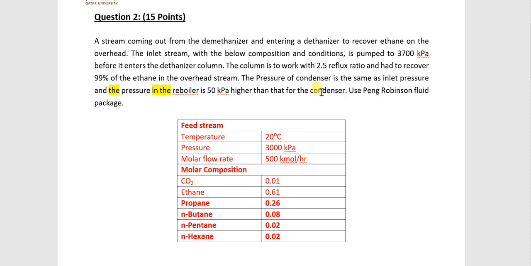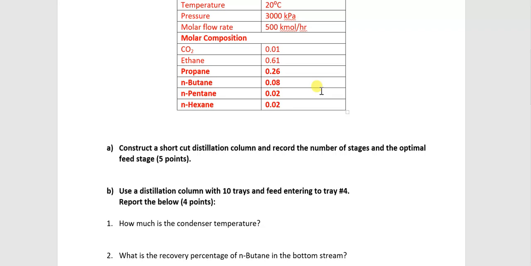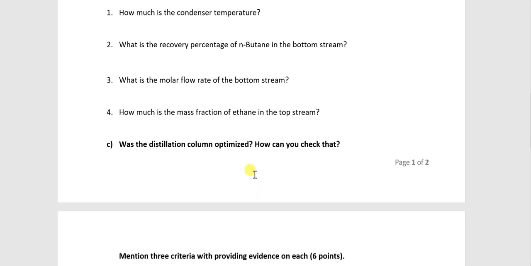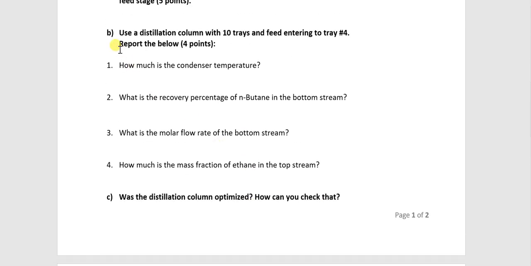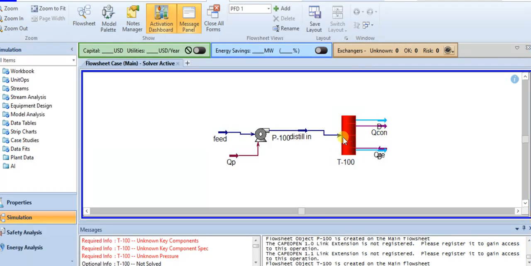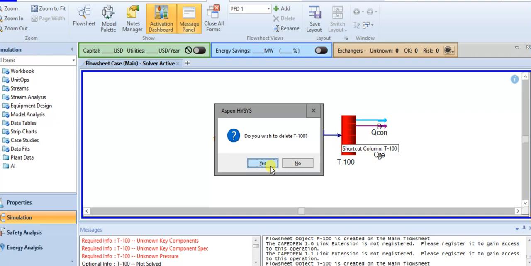Let me do this one, the full distillation column, with 10 trays. Some information we need before we proceed with the shortcut, so I will delete this shortcut right now.